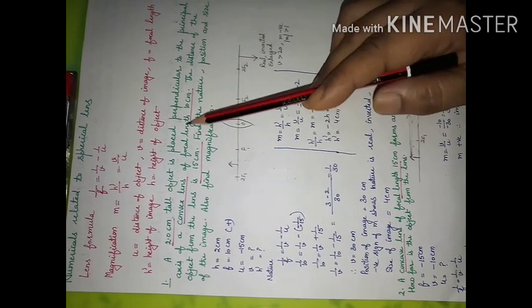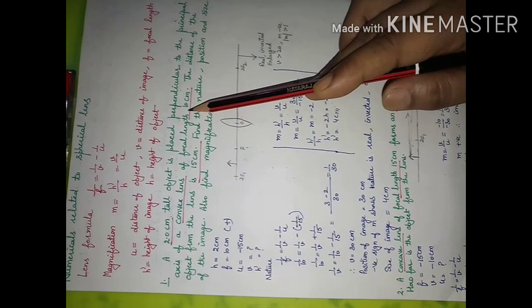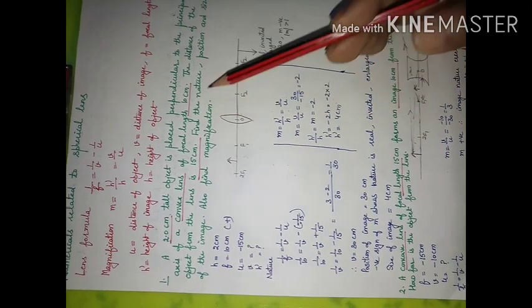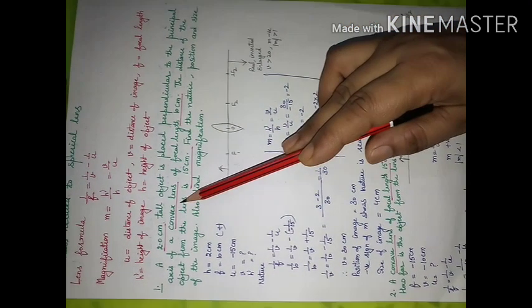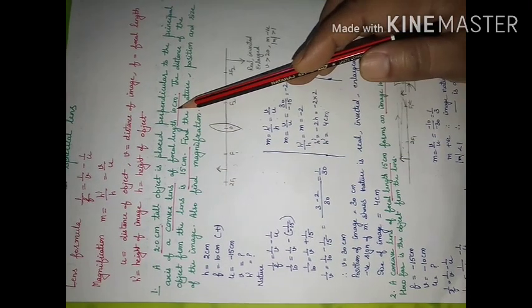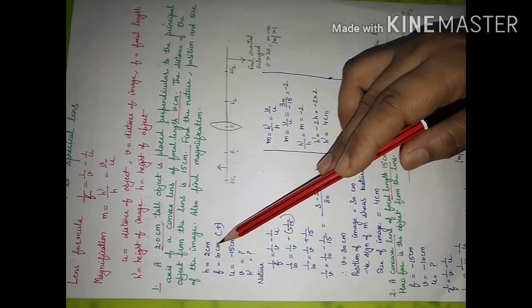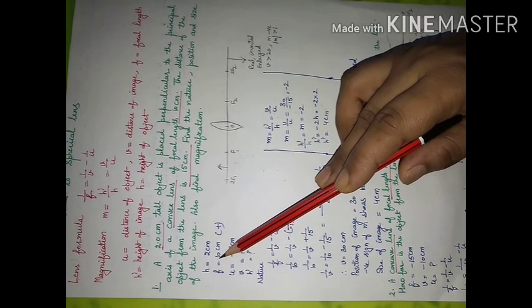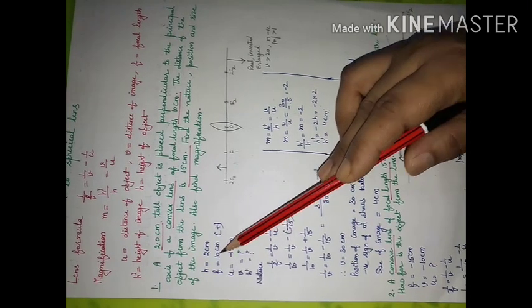And focal length of convex lens is given 10 cm. It should be known to us, or we should keep this in our mind, that focal length of a convex lens always we are going to consider positive. So when I write focal length will be 10 cm, sign will be positive. So positive you write or you don't write, it is understood.